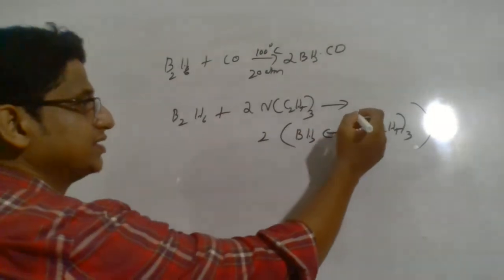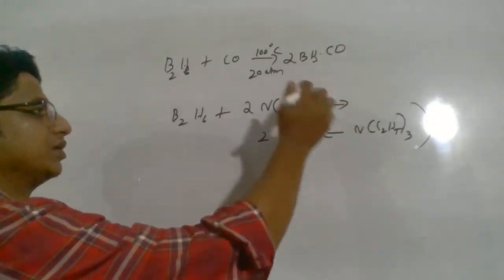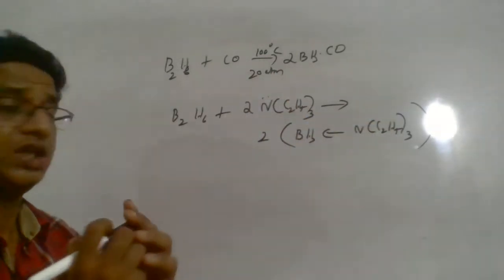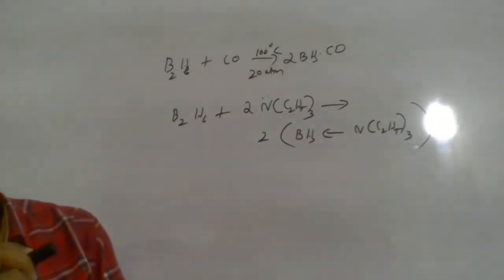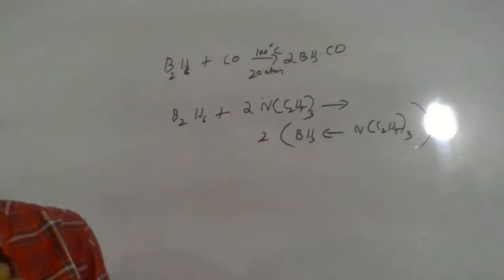Nitrogen has a lone pair of electrons that forms a coordinate bond with the boron. So amine-borane adducts will be formed.